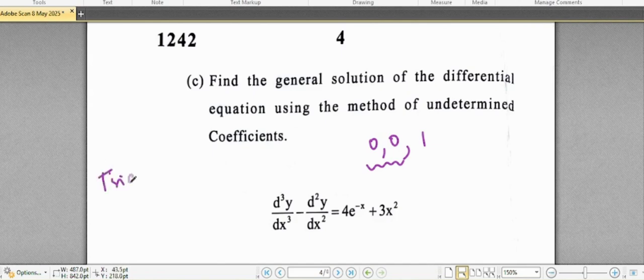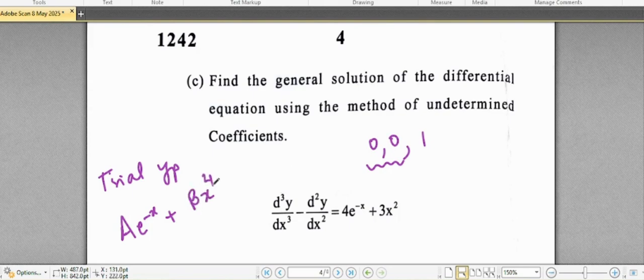So a e to power minus x will remain a e to power minus x, but for 3x square, you're going to multiply it with x to power 2, because there's a 0 coming with multiplicity 2 in the characteristic equation. So this is a standard way of modifying.